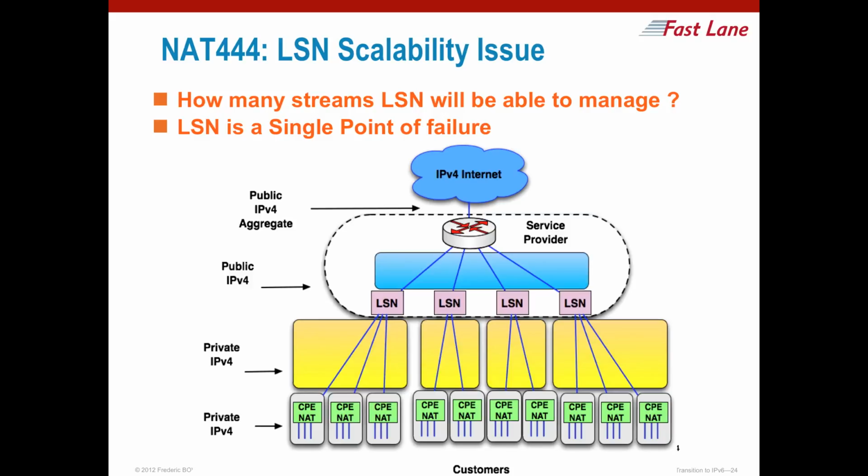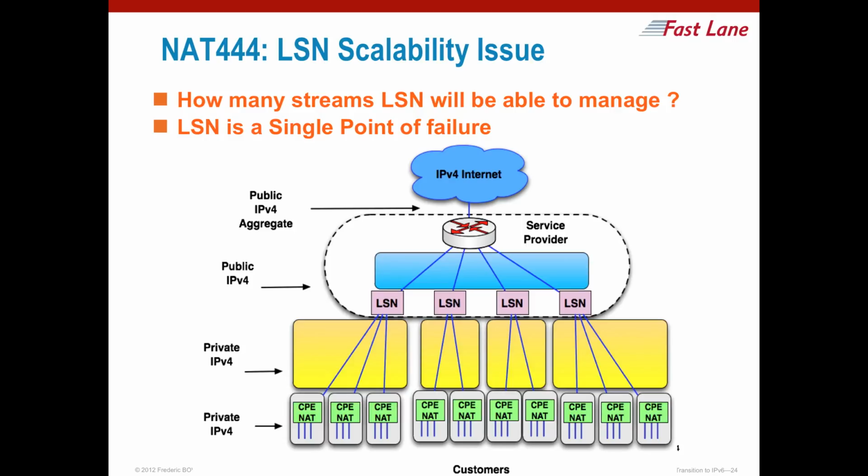First problem is the scalability. How are you going to do the capacity planning to figure out the resources needed by the LSN? How much memory, what CPU will you need for the LSN to do all the translations? It is very difficult to figure out how many translations will be needed.